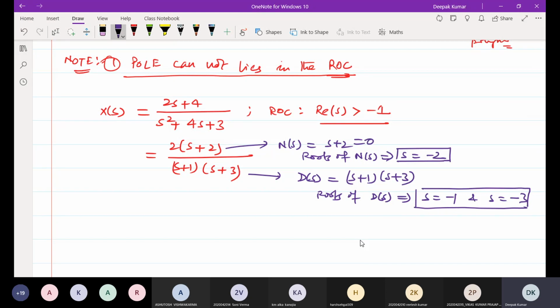Put this value equal to 0, simplify this simple polynomial, and you will get these values. This is called zero, and these are poles.